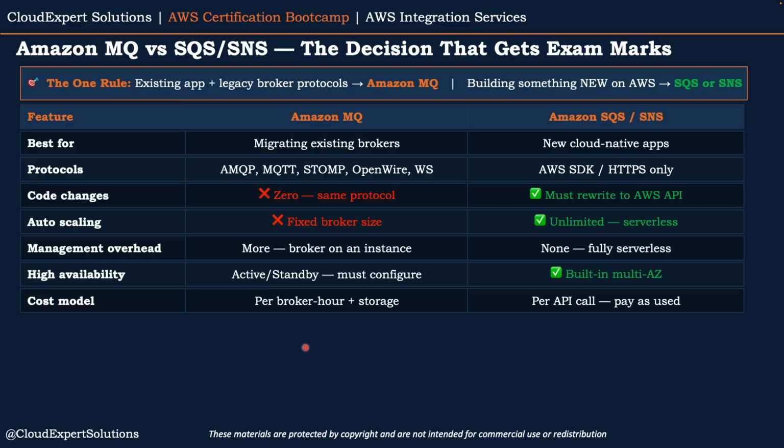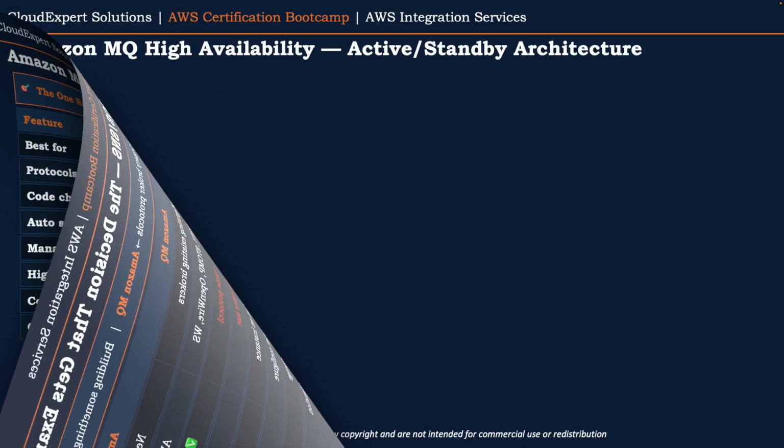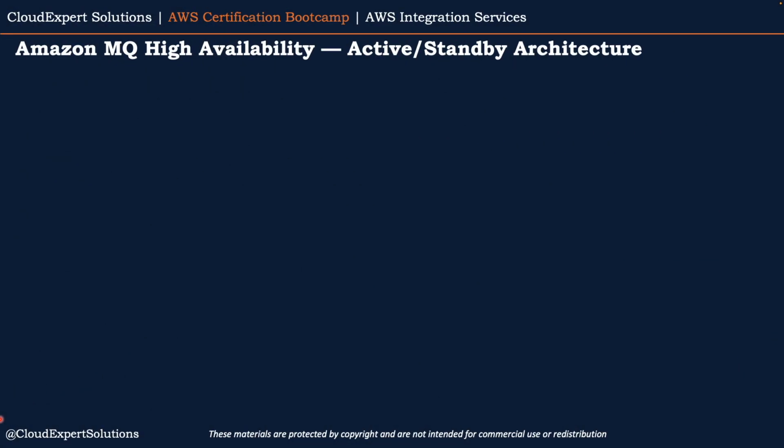Amazon MQ charges per broker hour, whether you are using it or not, plus your storage. As a summary, when to choose each: Amazon MQ for existing JMS, AMQP, MQTT applications being migrated, SQS and SNS for all new AWS development.